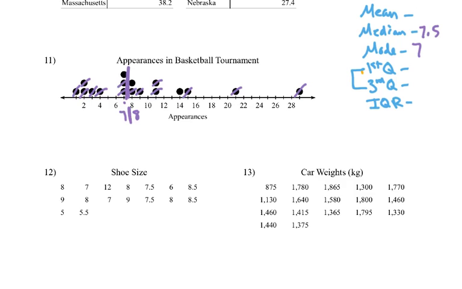Then to find our first quartile would be between 3 and 4, so 3.5. Then our third quartile is going to be, hold on, did I miscount? I think I might have, huh?